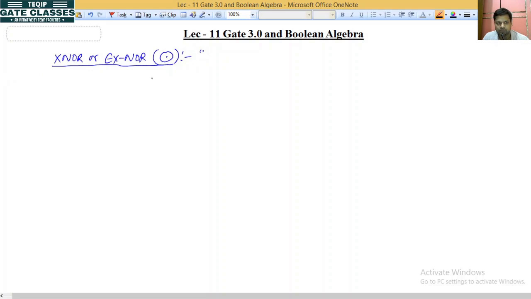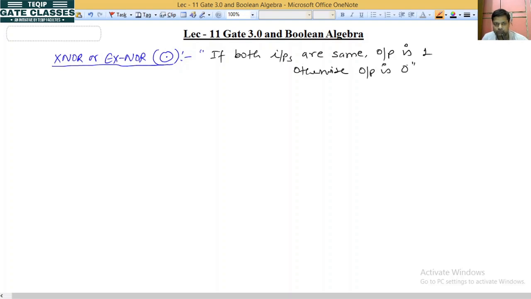If both inputs are the same, the output is 1, otherwise the output is 0.